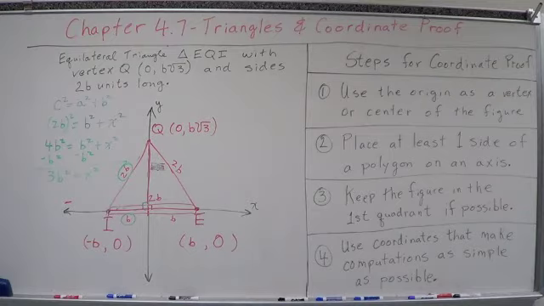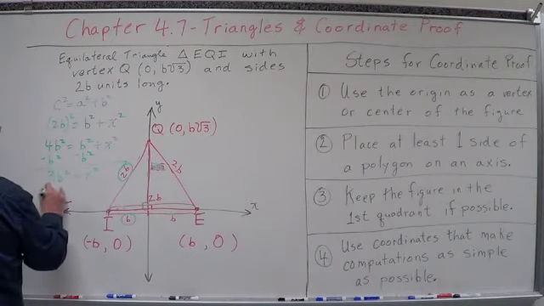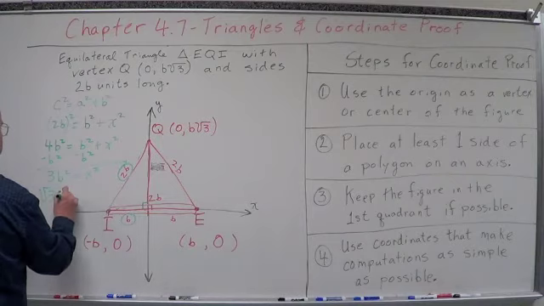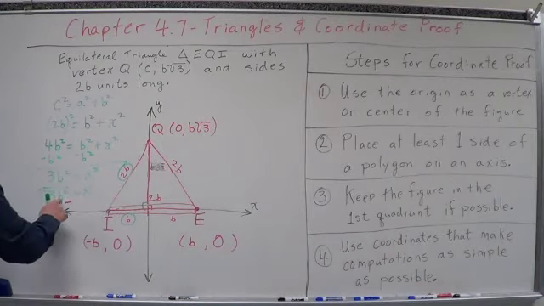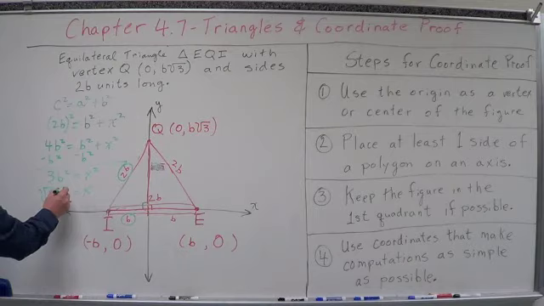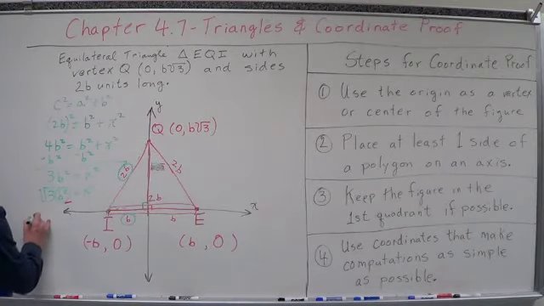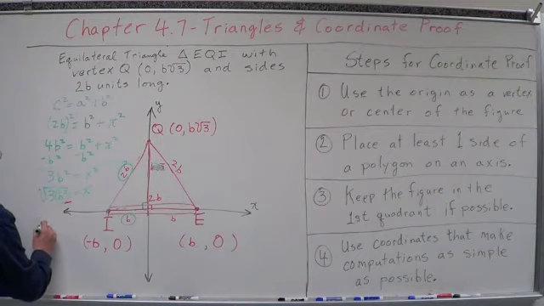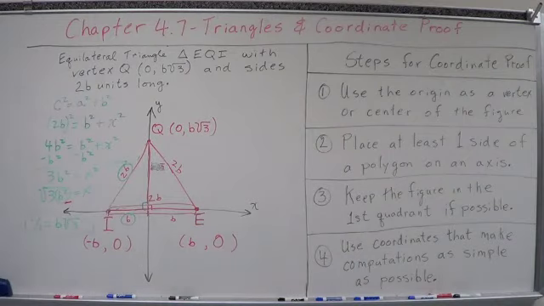But we really don't want x squared, we want x, don't we? So let's take the square root of both sides. Well, shucks, what's this here? Well, we know what the square root of b squared is. It's b. So x equals b square roots of 3.